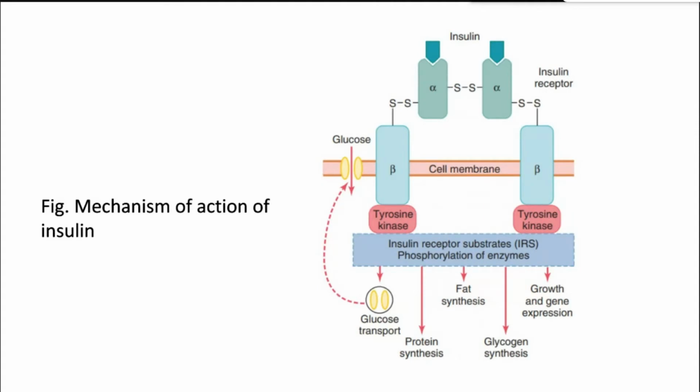And we have already seen the brain will not utilize insulin for regulating its glucose uptake. And many other cells will show the effect. The most important of them are liver, skeletal muscles, and adipose tissues. They have a very important role. Do not forget these three. All cells will be influenced by insulin except brain cells, but the most important effect will be seen in liver, skeletal muscles, and adipose tissues.